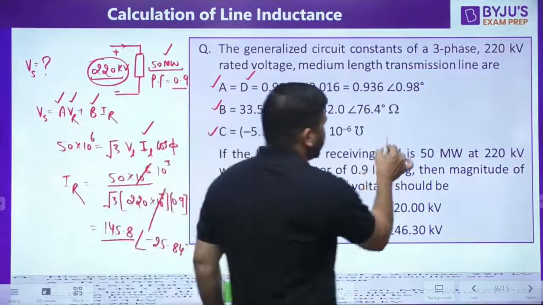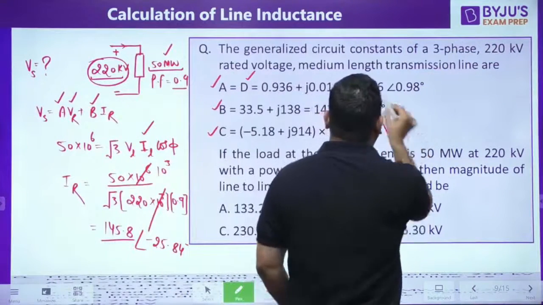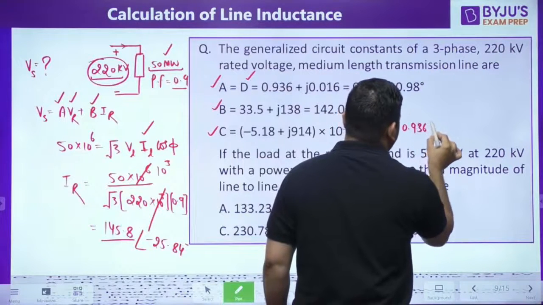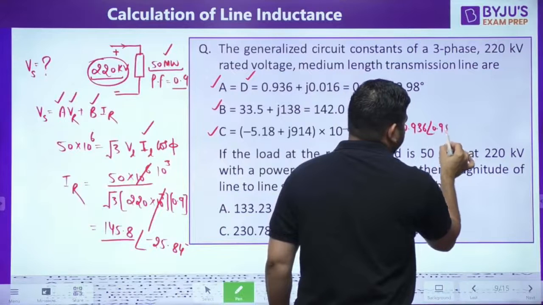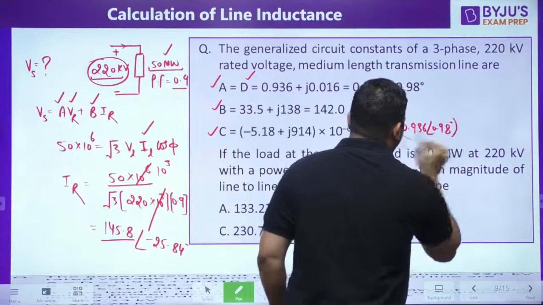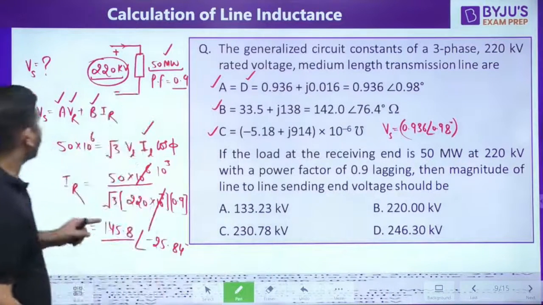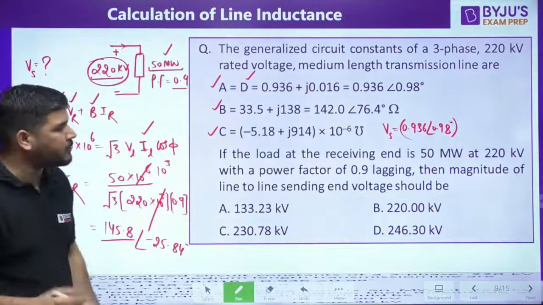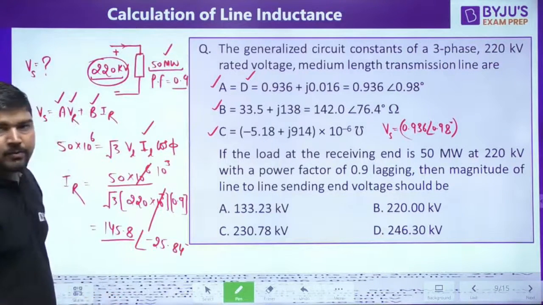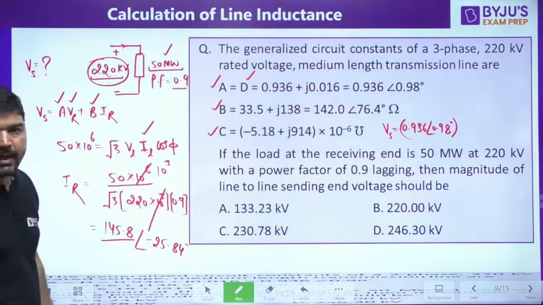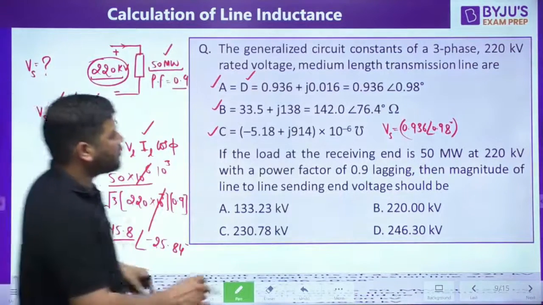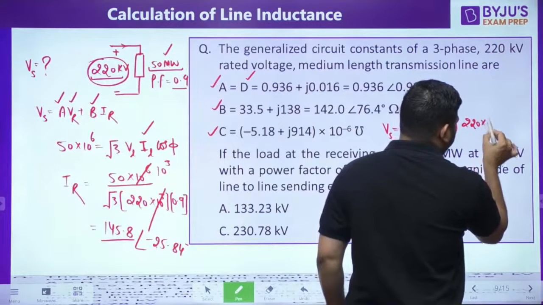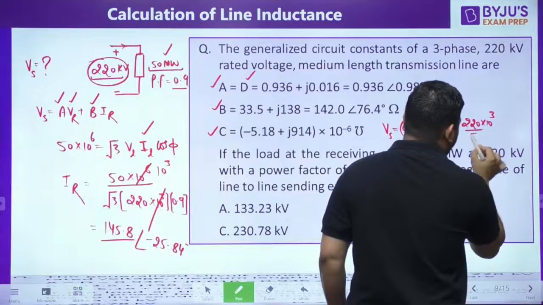Now you can put it here. So sending end voltage will be equal to A, which is 0.3936 at an angle of 0.98, into VR. But let's take the phase voltage so that we can get the phase voltage of the sending end. So the phase voltage is 220 into 10 raised to power 3 divided by root 3, at angle 0.